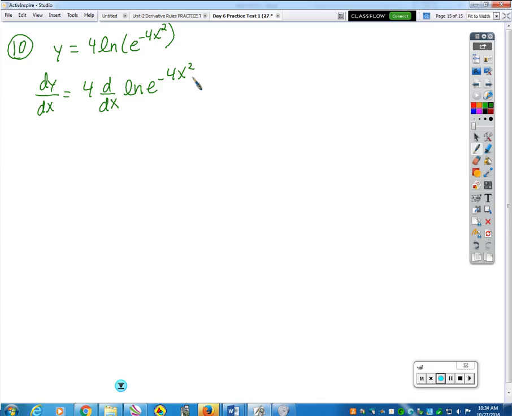This 4 is a multiplying constant. I can pull the 4 out of the derivative. So I use the constant rule first. I take the derivative of both sides and use the constant rule to pull the 4 out. So like before, you could have the dy over dx and then everything would be inside, and that was okay. So then I have this. Log rule: 1 over the something.